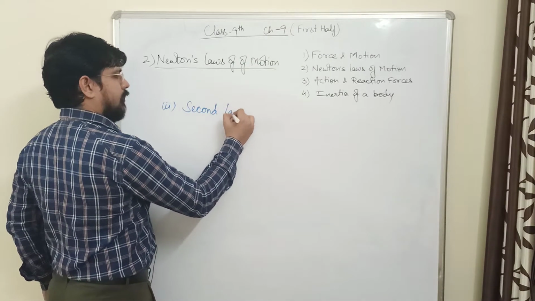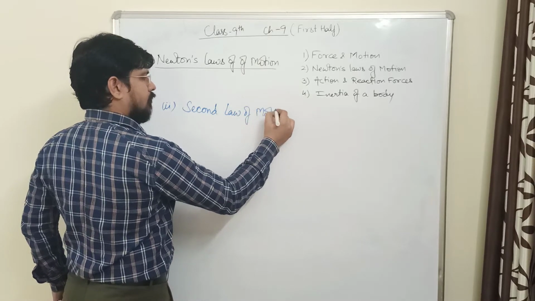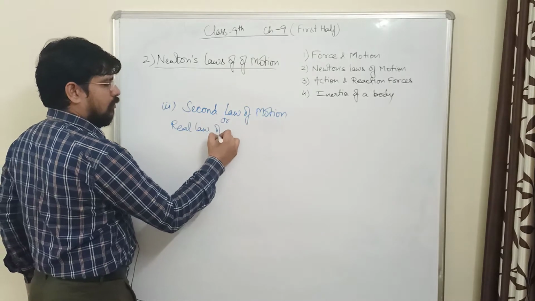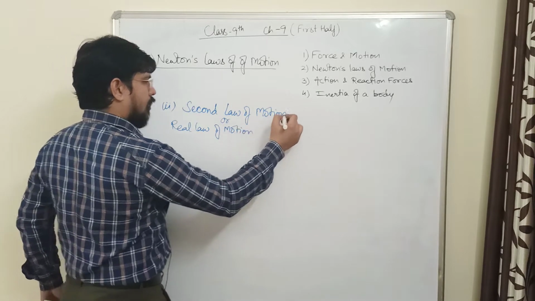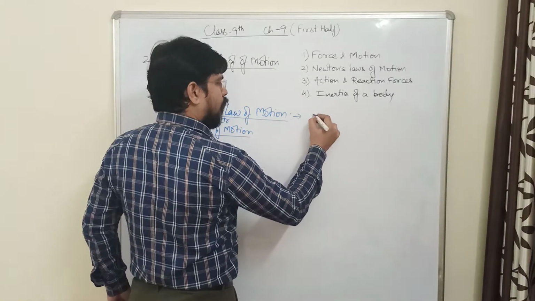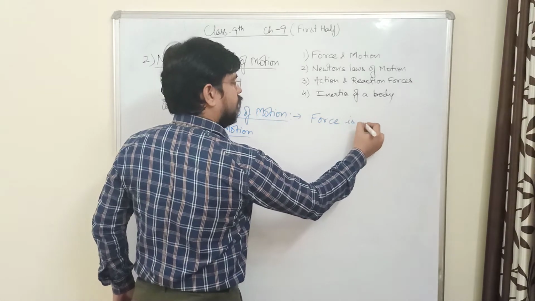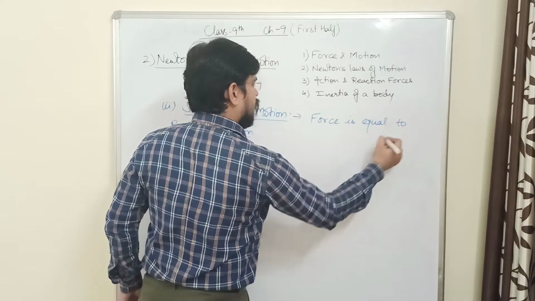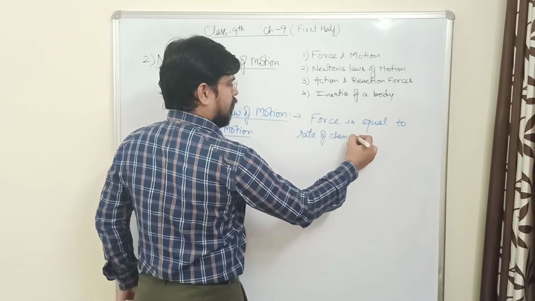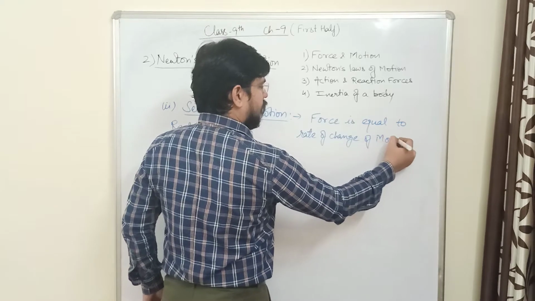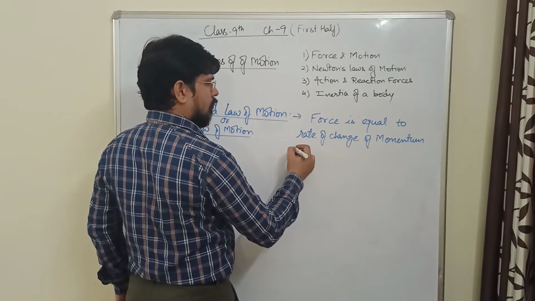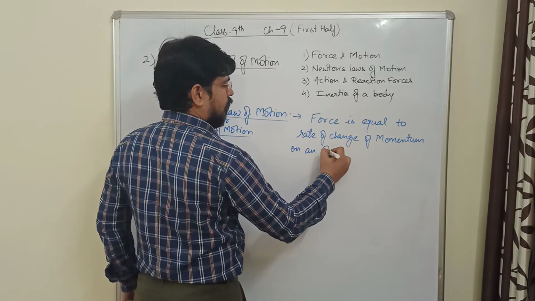Newton's second law of motion is also known as the real law of motion. According to Newton's second law of motion, force is equal to the rate of change of momentum on an object.